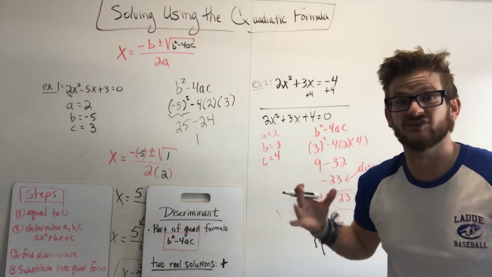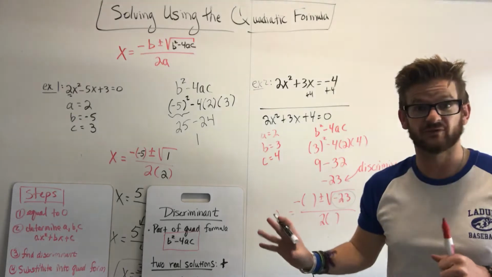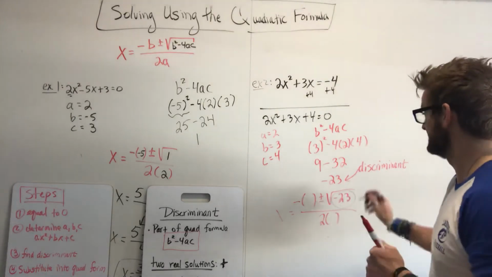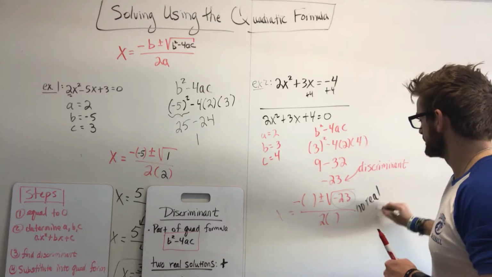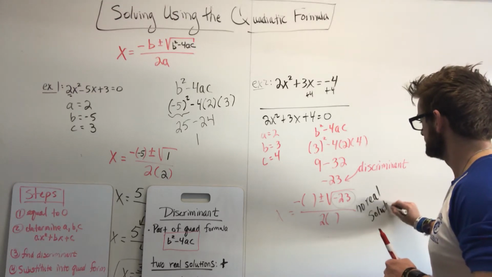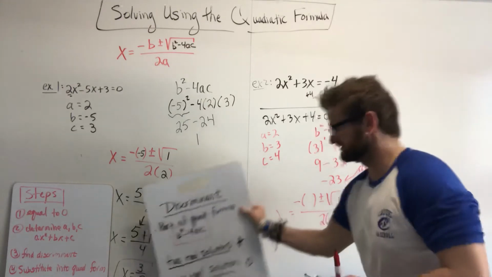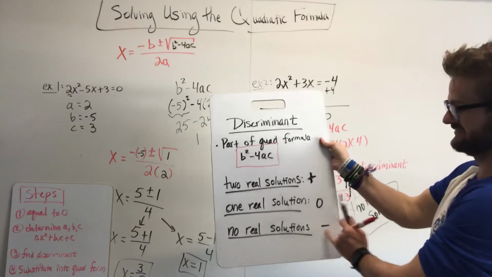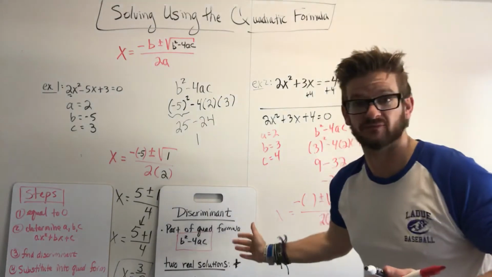So this has no real solutions, and that's what we would write. We don't have to go any farther or even attempt to simplify it. So we're going to just write no real solutions. Again, the discriminant was negative, so no real solutions, because we can't take the square root of a negative number.